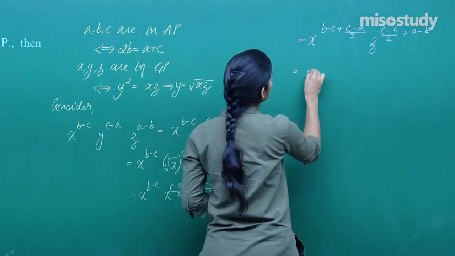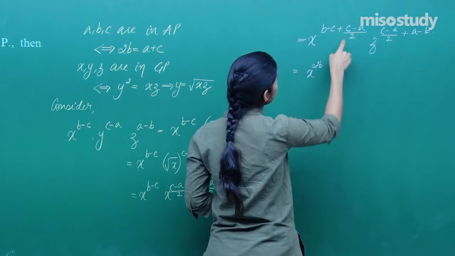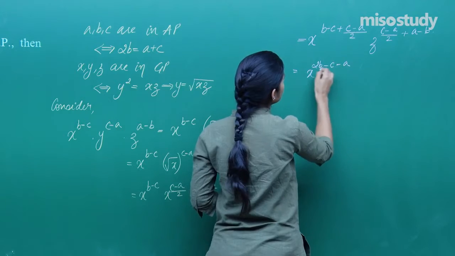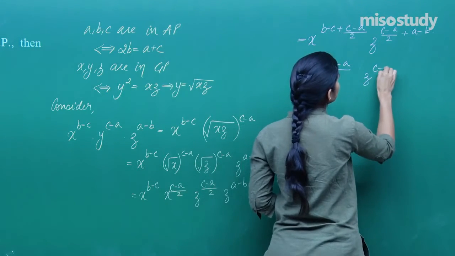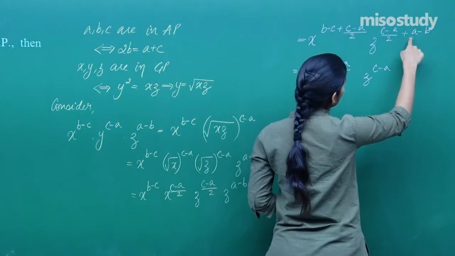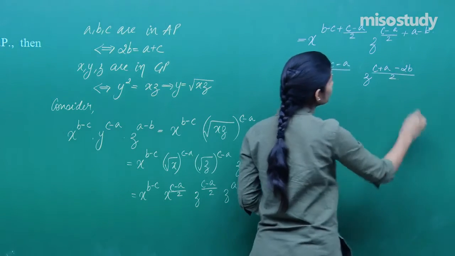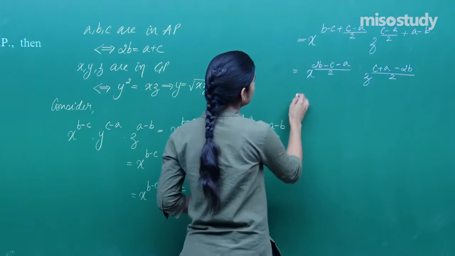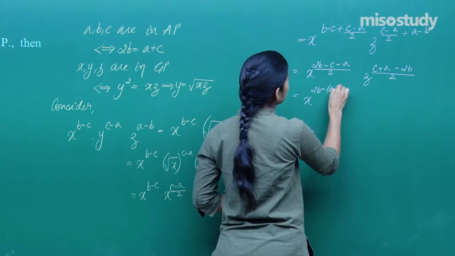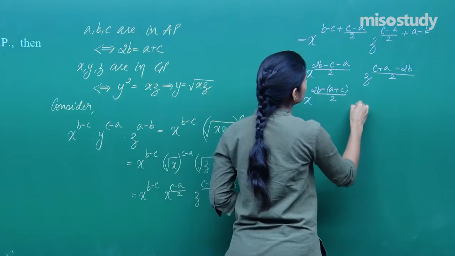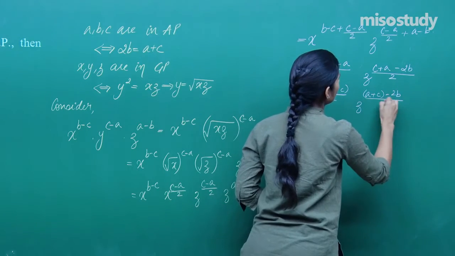Eventually this gives you what? x to the power 2b minus 2c plus c minus a upon 2, z to the power c minus a plus 2a minus 2b upon 2. So x to the power 2b minus a minus c whole upon 2, z to the power a plus c minus 2b whole upon 2.